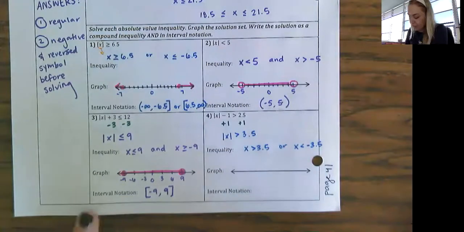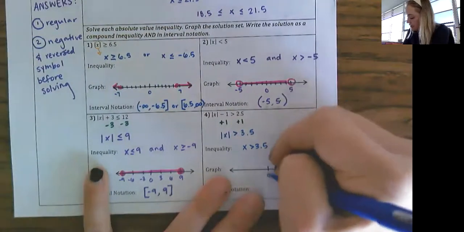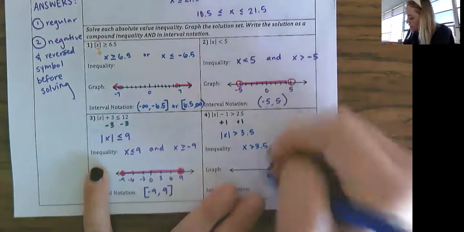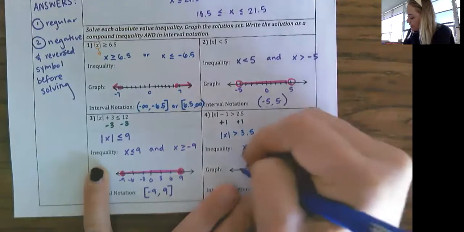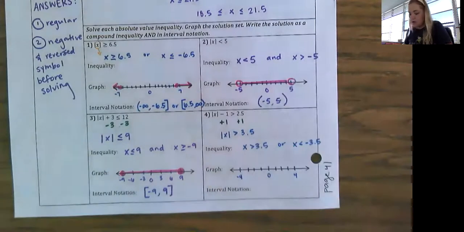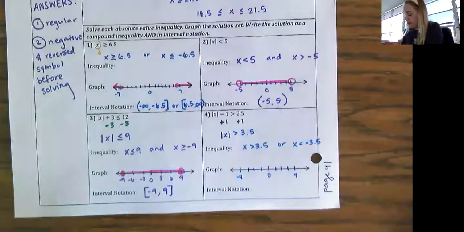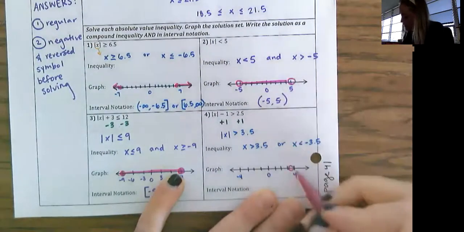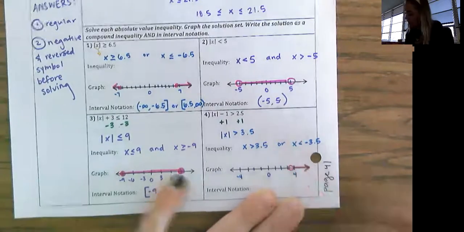So I will put 0 in the center, 1, 2, 3, 4, negative 1, negative 2, negative 3, negative 4. Positive 3.5 would be halfway between 3 and 4, and that is greater than there.